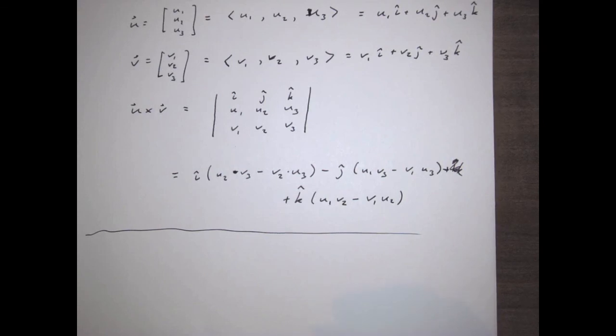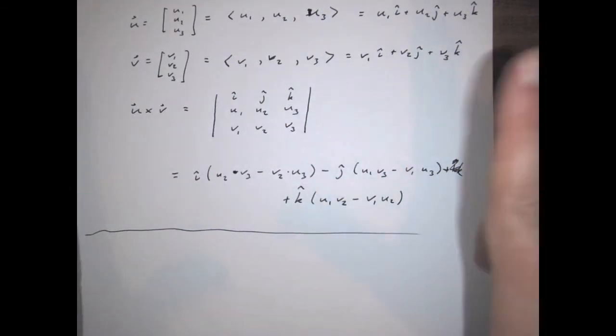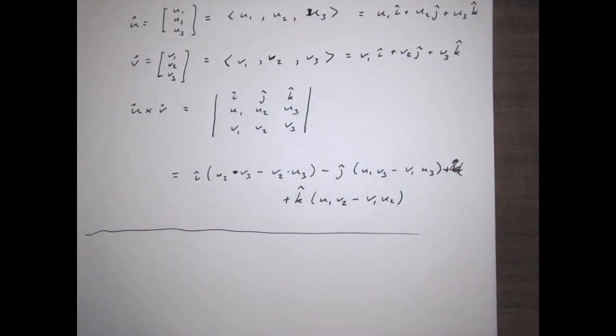Or alternatively, if we want what is called the triple vector product, we can do the dot product of a vector with a cross product, and that will give you the volume of a parallelepiped, which is like the three-dimensional version of a parallelogram.